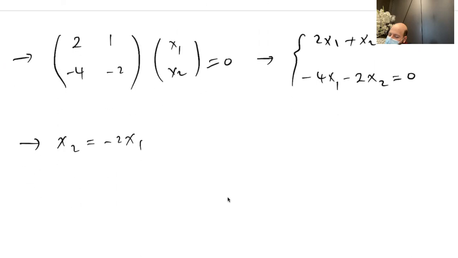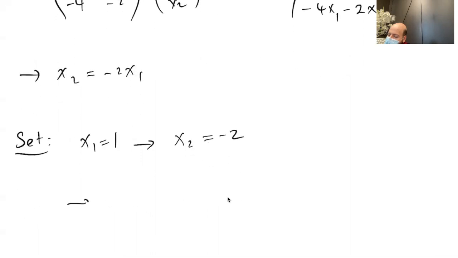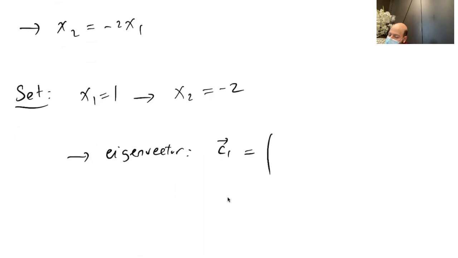Now if I set x1 to be 1, then x2 will be minus 2. So the eigenvector c1 will be 1 and minus 2.